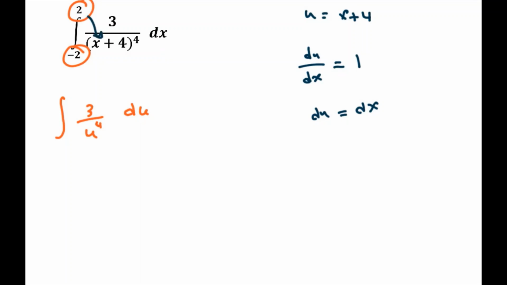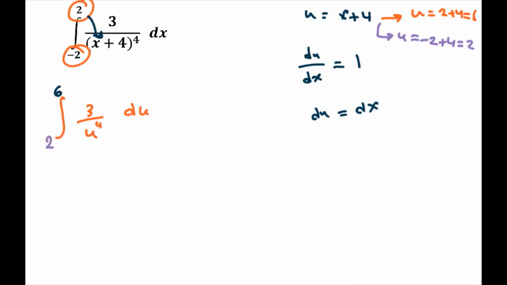If I want it for u, I could go here and substitute x by 2 first. So u equals 2 plus 4, which is 6. So the upper limit will be 6, my bad. And the lower will be u equals negative 2 plus 4, which is equal to 2. So that's going to be 2.